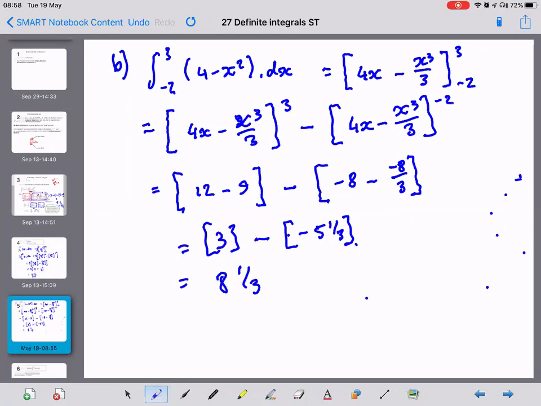And I do put a lot of value in evaluating these brackets separately and being very careful with the signs, when you square a negative number, be very careful that it is -2 all cubed when you put that in your calculator.